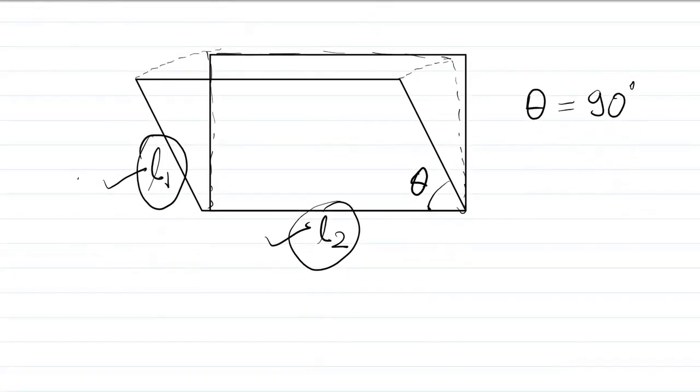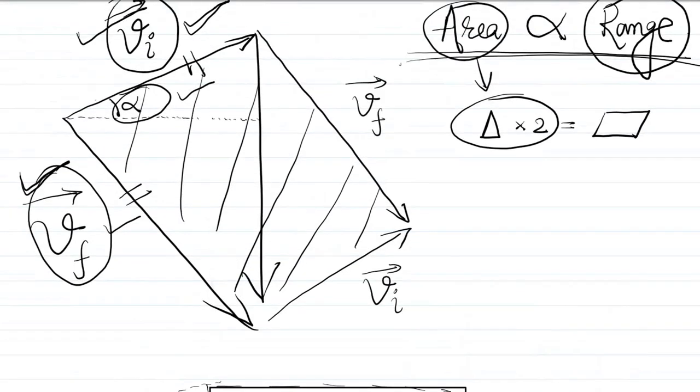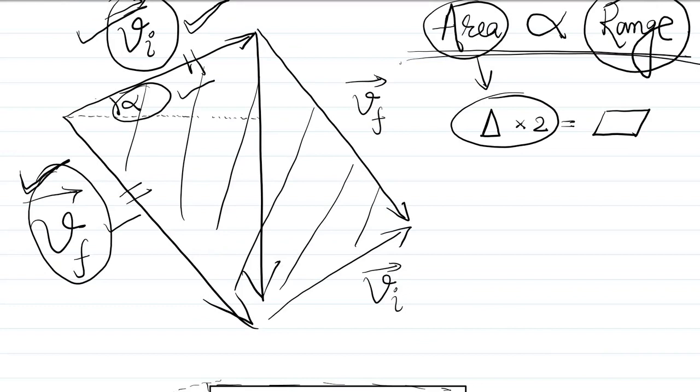We just observed that for a given set of values of sides of a parallelogram, the area of the parallelogram becomes maximum for theta equal to 90 degrees. So using this fact, we can clearly state that this complete angle must be equal to 90 degrees to keep the range of the projectile motion maximum. So if this angle becomes 90 degrees, this angle was given as alpha.